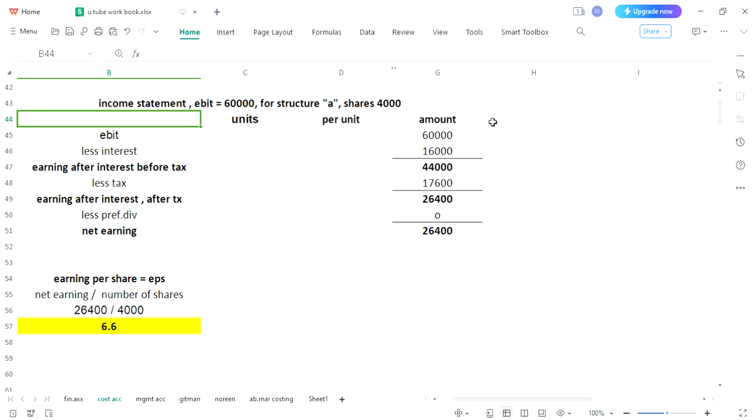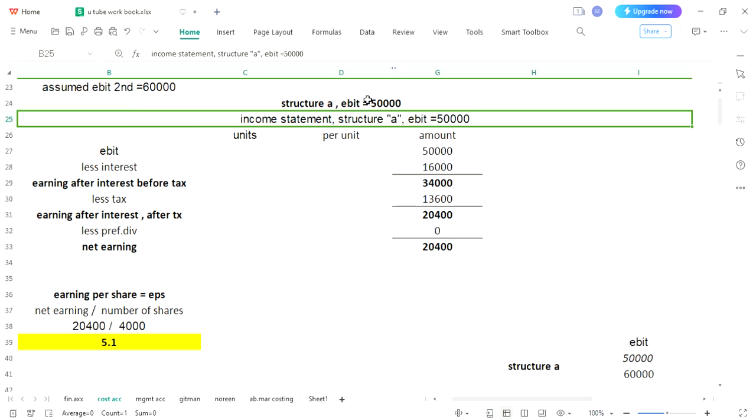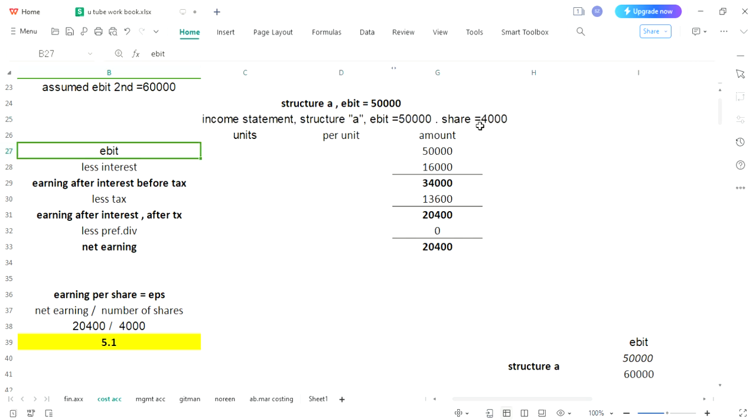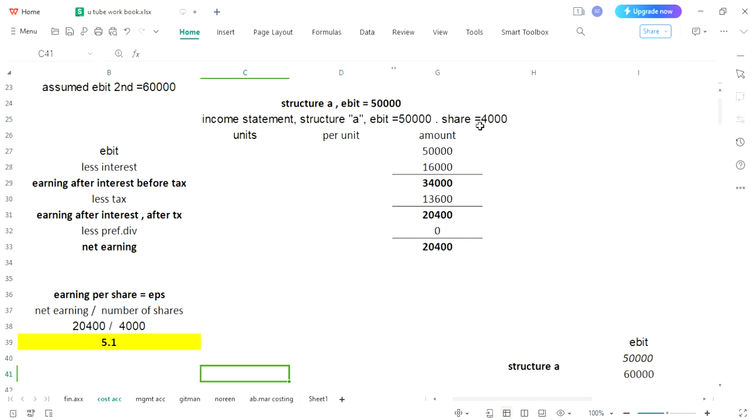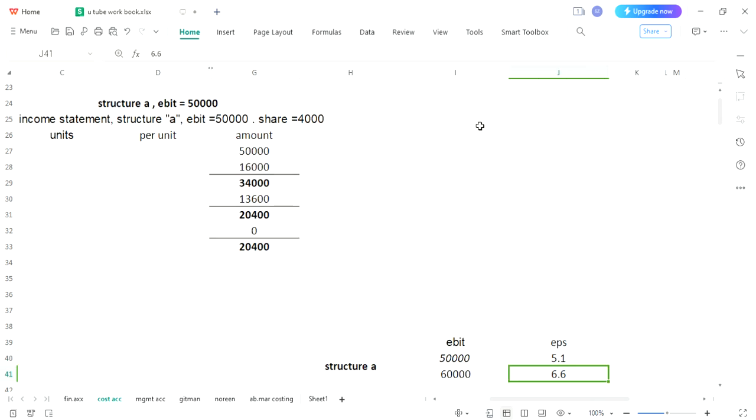Write down the number of shares, which was 4,000. The number of shares here is also 4,000 because it's for structure A. With this we have concluded two different attributes at 50,000 EBIT.